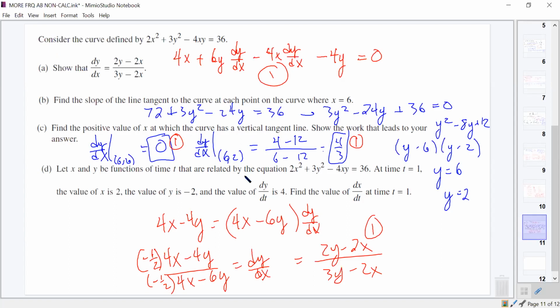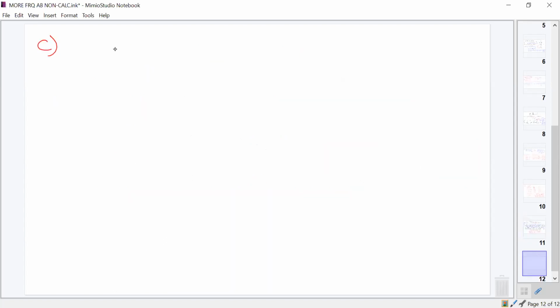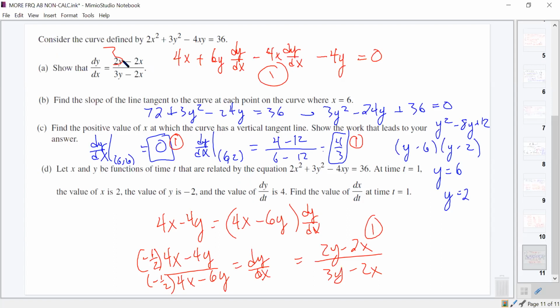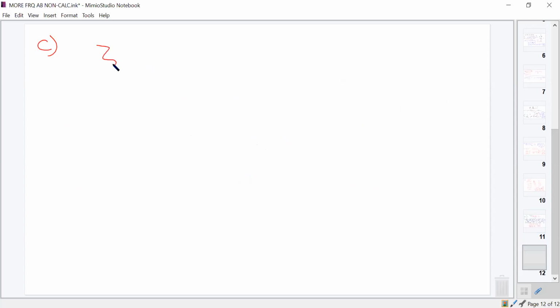If the tangent line is vertical, the slope is undefined. If the slope is undefined, that means the denominator of the derivative needs to be 0. So 3y minus 2x needs to equal 0.